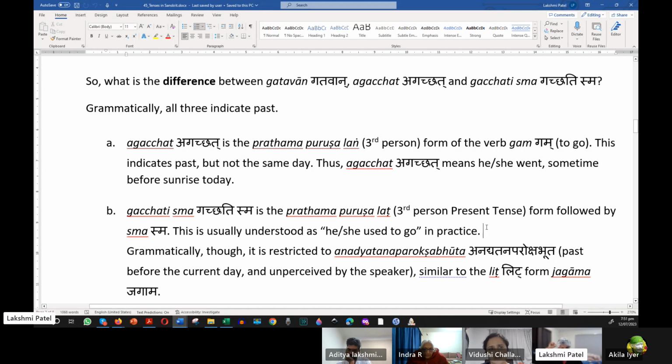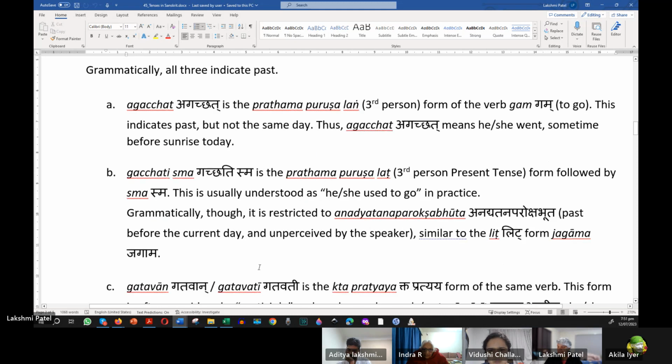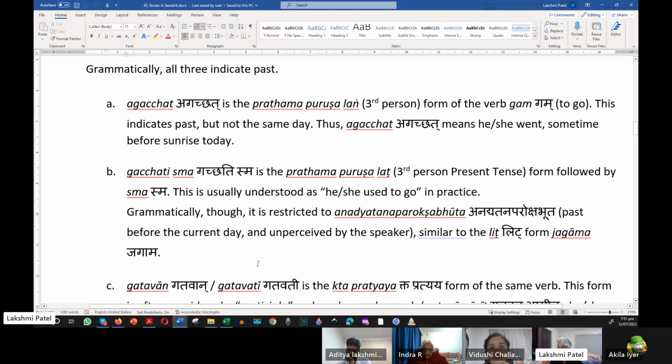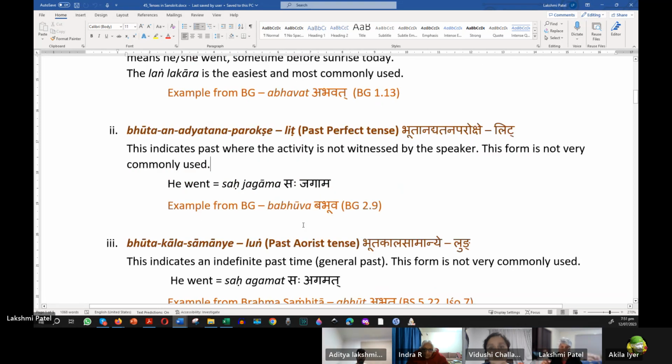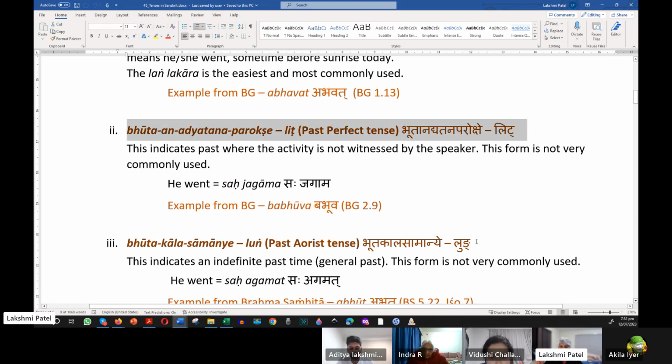He used to go in the past. Okay, so it is similar to lit. So adding sma brings it to similar to lit. Bhuta anadyatana parokshe lit.